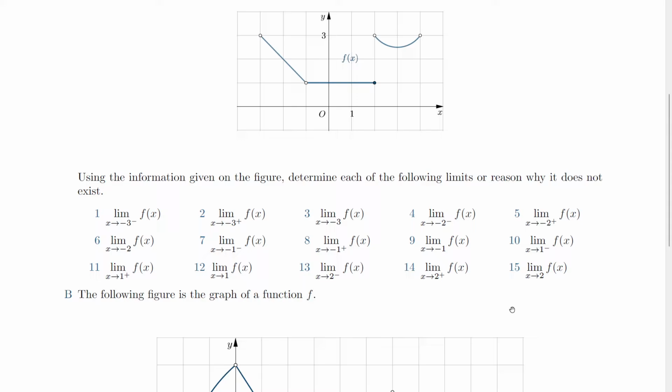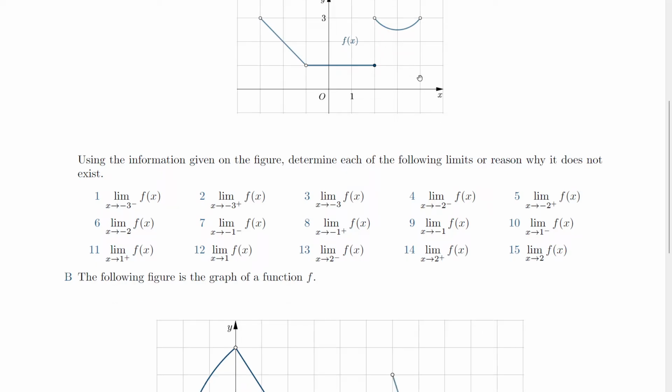What about f of 2? It's 1. f of 2, because this is the filled circle, f of 2 is 1. But still, because the left limit does not match the right limit, the function is not continuous at that point, and this is completely clear from this picture. Yes, is that clear?